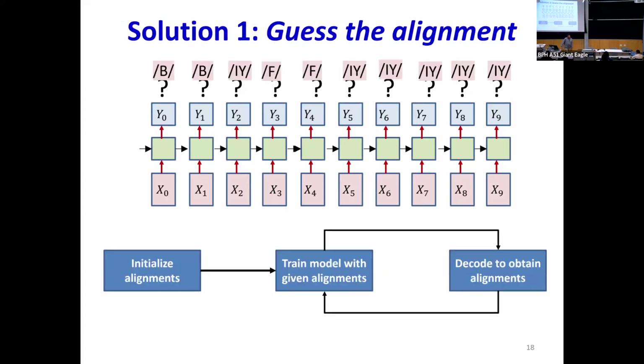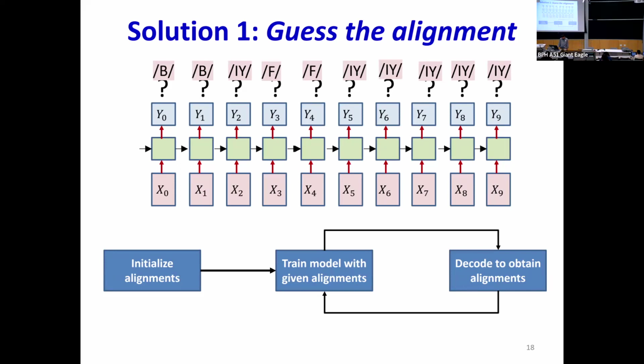And here we saw that one possible solution is to iteratively estimate the alignment, meaning you initialize your model somehow, use that model to align the target output to the input, and then once you've aligned it, you could use these aligned sequences to update the model, and then use the updated model to go back and realign the inputs and the target outputs.